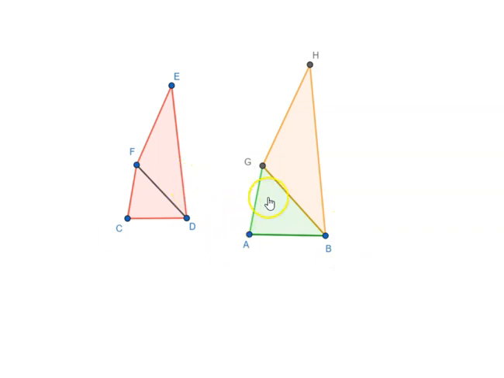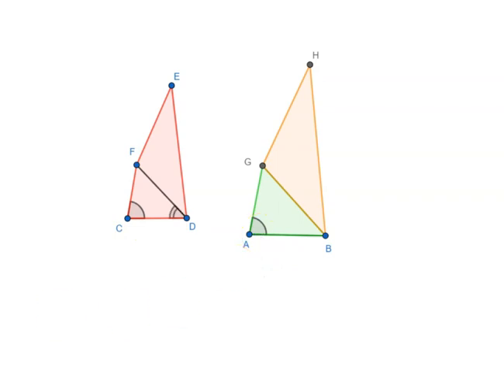what? We have to prove that this rectilinear figure and this rectilinear figure are both equiangular, and the sides of this polygon are in proportion to the sides of this polygon. Okay, let's begin. Angle DCF is equal to angle BAG because we copied this angle here.